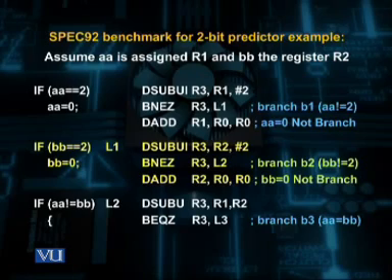Then branch if not 0, R3, L2 means branch to the BB2 case where BB is not equal to 2. Otherwise, BB is made equal to 0.